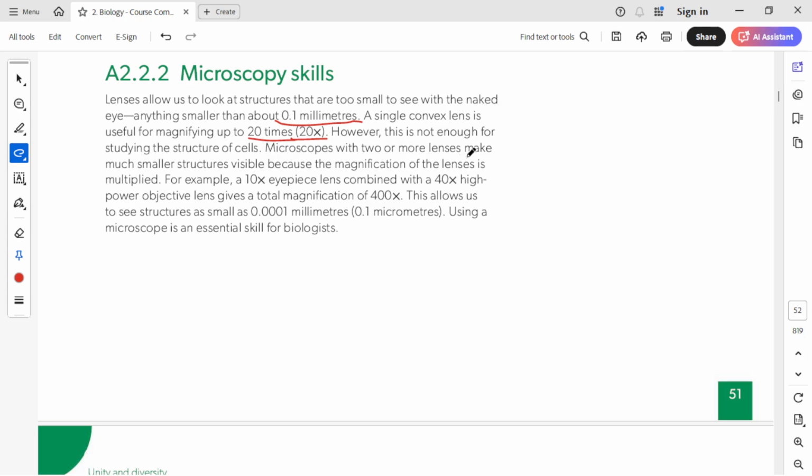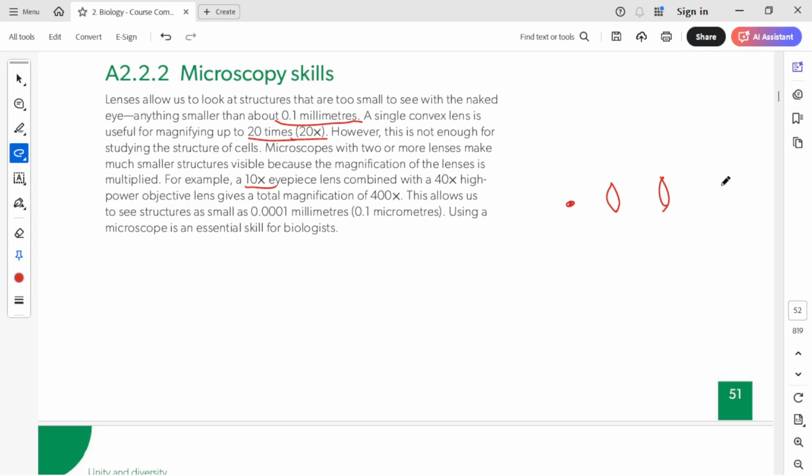So microscopes came into existence, and they have two lenses attached to them. One is the eyepiece, another one is the objective lens. What are these? We will understand just now. Suppose this is our object that we want to see, this is one lens and this is another lens.